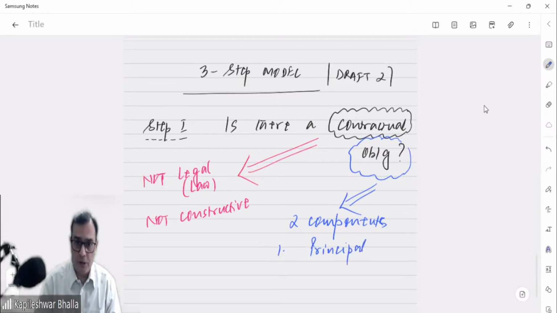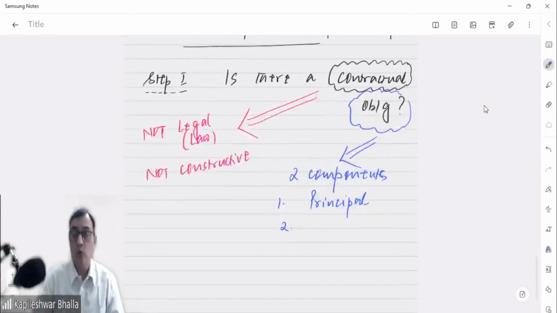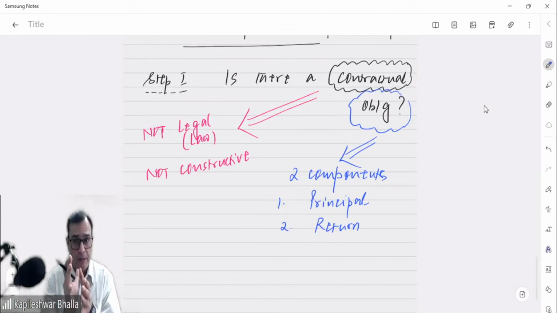So this is the focus point when you look at step number 1, that there are two components of the obligation, the principal and the return. So be careful when you read the question. Your focus should be very clear that there is an obligation. Let's see if the examiner is giving you two components of the obligation, and it should be contractual in nature.